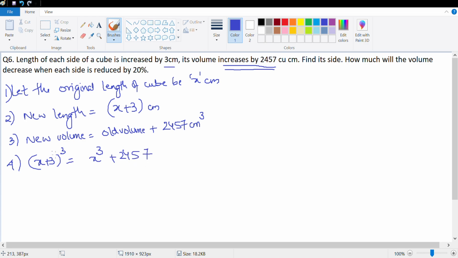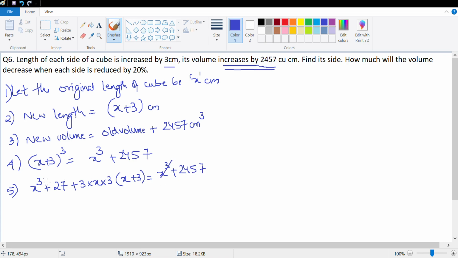If I remember the expansion of x plus y whole cube, that's x cube plus y cube, in this case 3 cube, that will be 27, plus 3xy, in this case 3 multiplied with the first term multiplied with the second term multiplied with x plus 3, which is equal to x cube plus 2457.